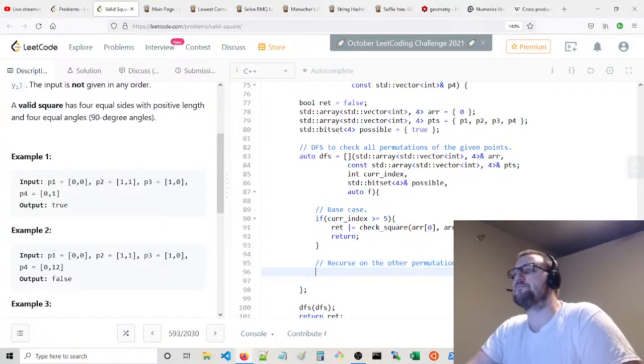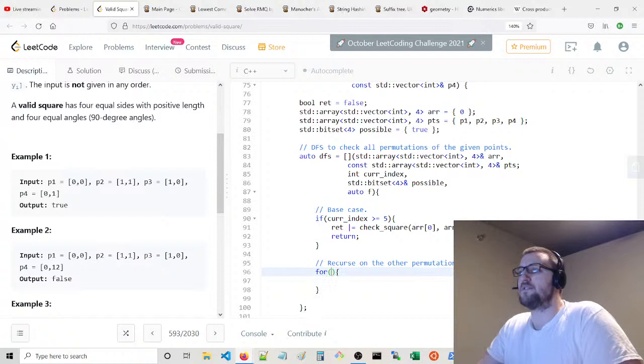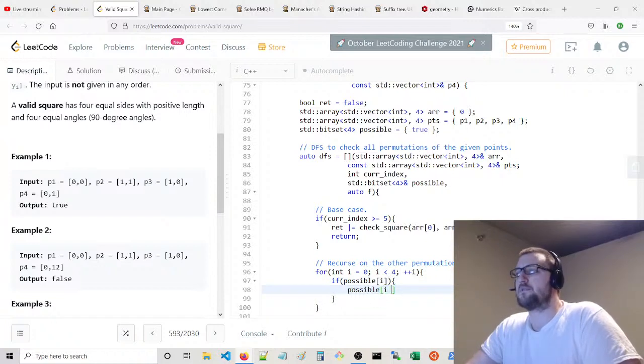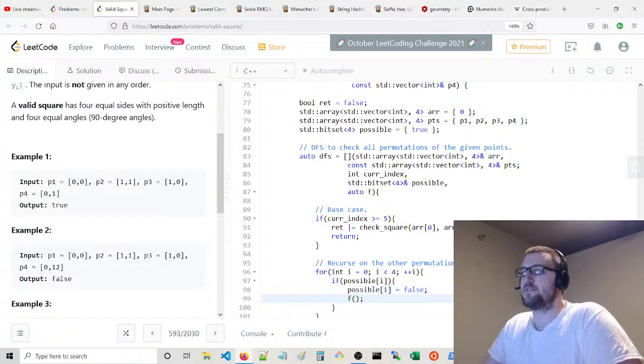We're going to say for int i equals 0, i less than 4, plus plus i, say if possible of i, then we'll set possible of i equal to false. We will recurse.